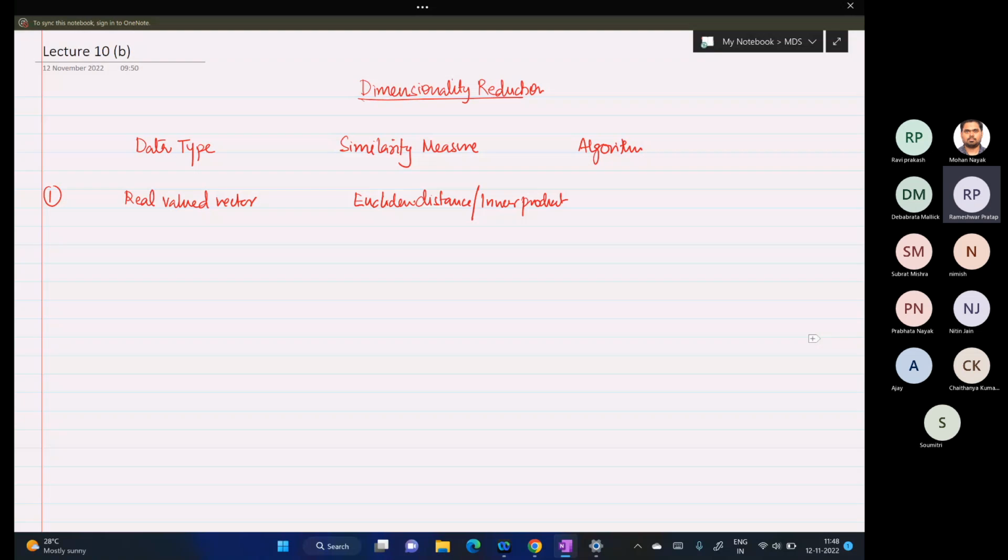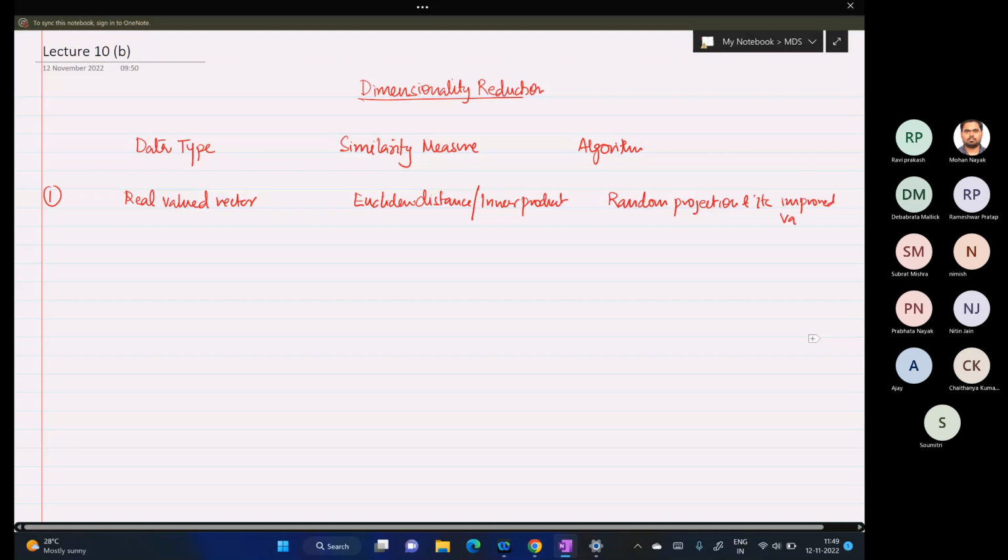And the algorithm was random projection, and its improved variants, and feature hashing.